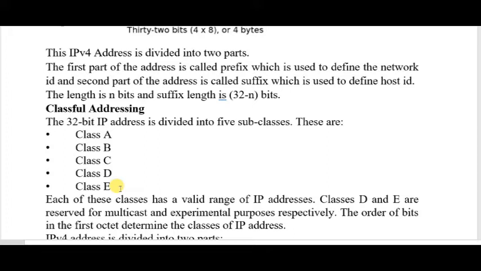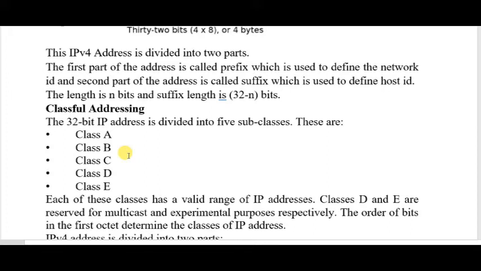If it is a very large organization, the number of systems is more, so it requires more host IDs. If it is a medium size organization, it has fewer users compared to the larger organization, so it requires comparatively fewer IP addresses. Similarly, a smaller organization requires fewer IP addresses.